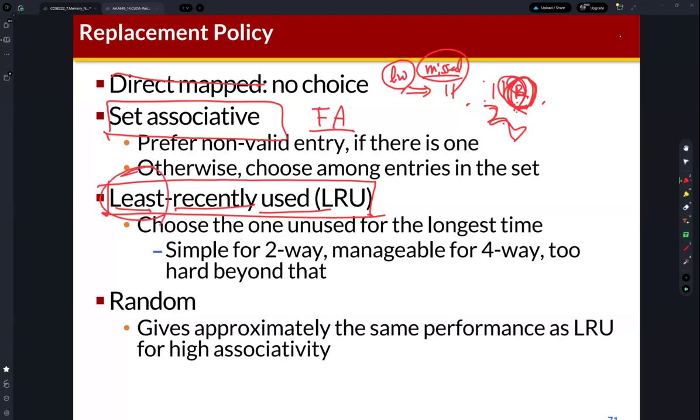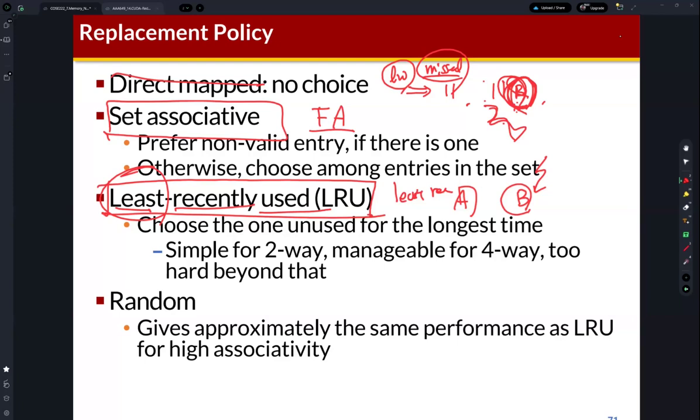You know this is the least, right? The least recently. So which means that among A and B, if B is recently used, then A is the least recently used, right?